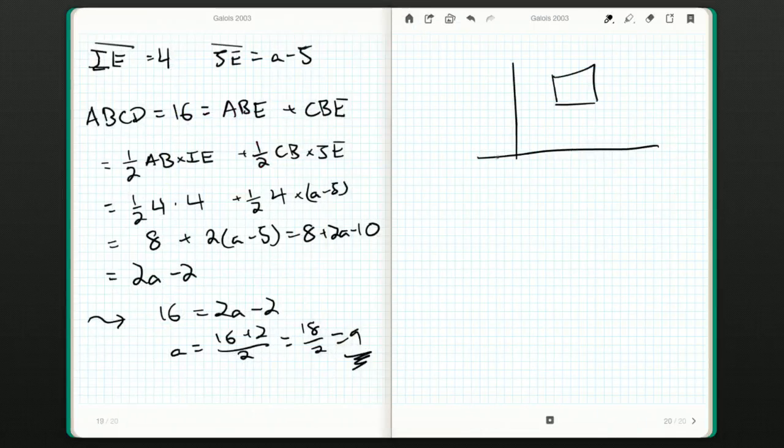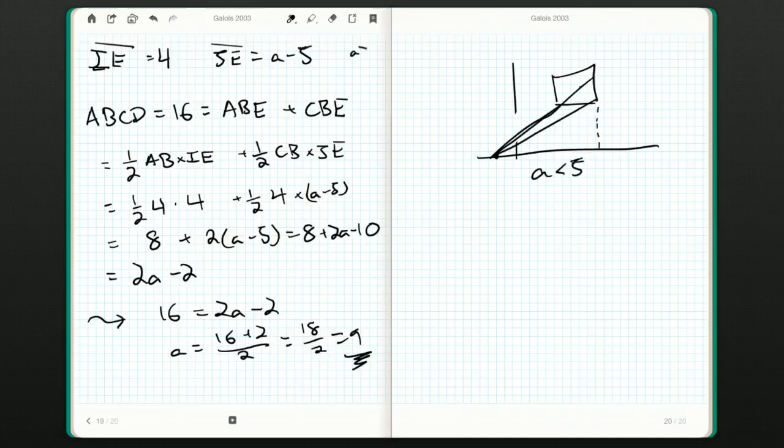We could have had some point over here in the negatives, and you still would have been able to make the triangles, and you still would have had them give an area of 16, but you would have had A less than 5, and so here we assumed A was greater than 5, and that's what made all this work out.